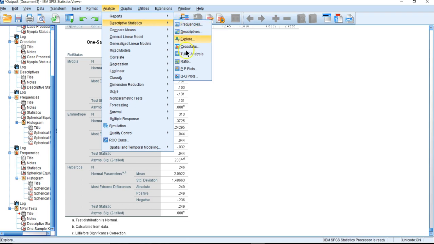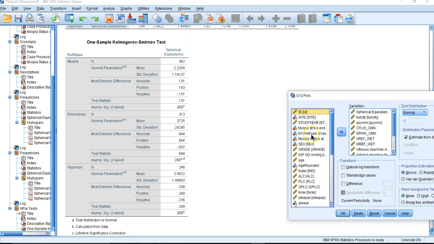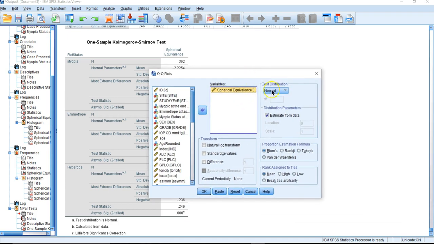That's under Descriptive, Q-Q Plots. And we're going to look at our spherical equivalence, and we're going to look at a normal distribution. We're not going to do any transformations, and we're just going to say okay.